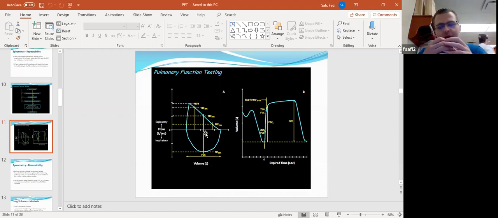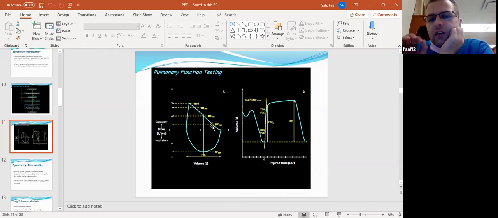I am not there with you to explain it exactly, but remember that this area here is the forced vital capacity from here to here, and the FEV1 will be the portion of that at 1 second, from here to here. Now these are the FEF 25%, FEF 50%, FEF 75%.